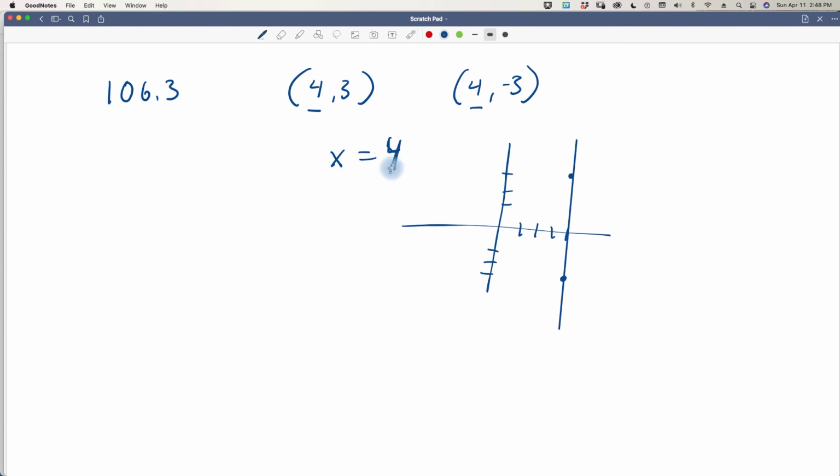The only format or formula we can write for this line is x equals 4. So we didn't even have to do any math for this example. So pay attention to your points and see what you have. If the y's are the same, you can say y equals whatever that is. If the x's are the same, x equals whatever that is.